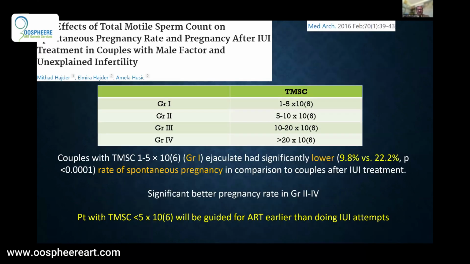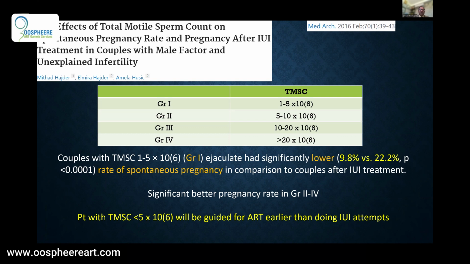So research has helped us to understand this. In 2016, they studied the effect of total motile sperm count as a parameter to judge the spontaneous pregnancy rate and pregnancy after IUI treatment in couples with male factor. How does it help? They found that couples having total motile sperm count less than 5 million were associated with a lower rate of spontaneous pregnancy in comparison with any other values more than 5 million.